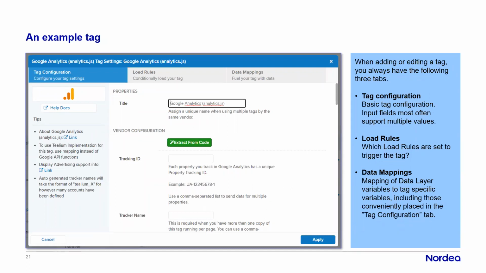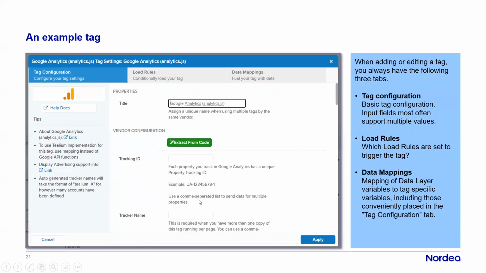So an example tag would look like this. Here we have 3 tabs, as you can see: tag configuration, load rules, and data mappings. The first one, active here, includes the title of the tag, what it's called inside of the Tealium IQ property, but also the most commonly used parameters for that tag or script. In this case, Google Analytics, where we have a tracking ID and a tracker name, for instance.